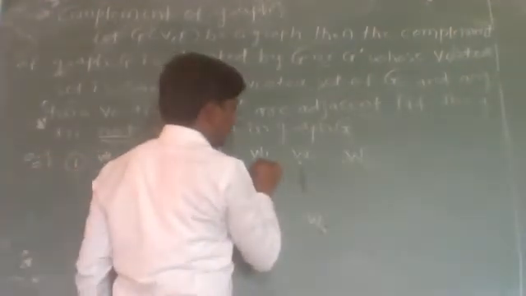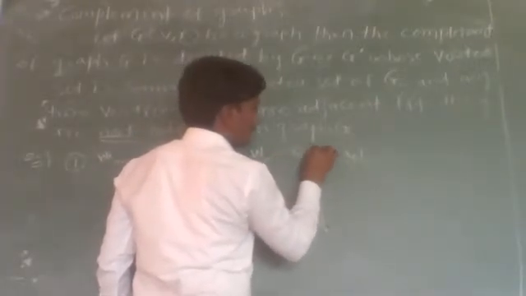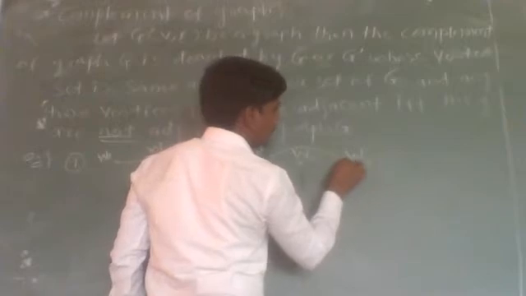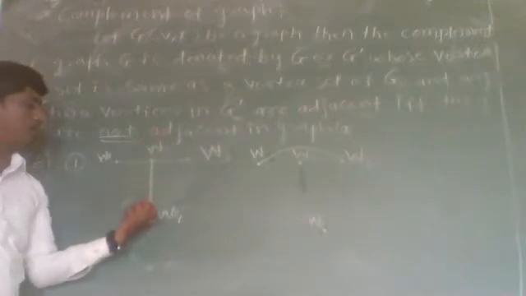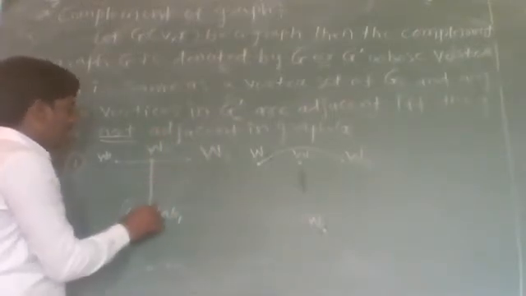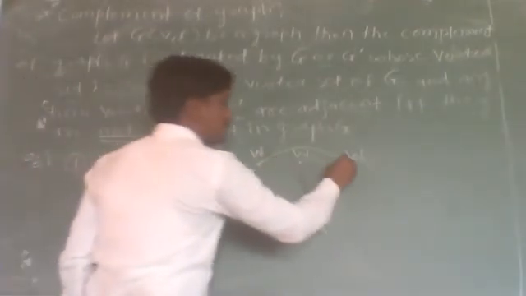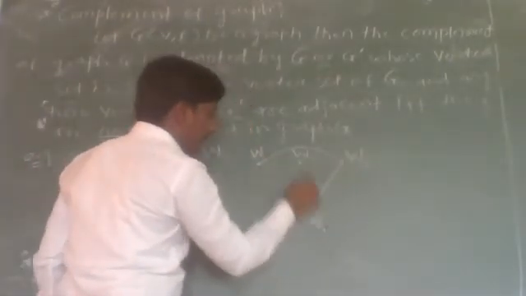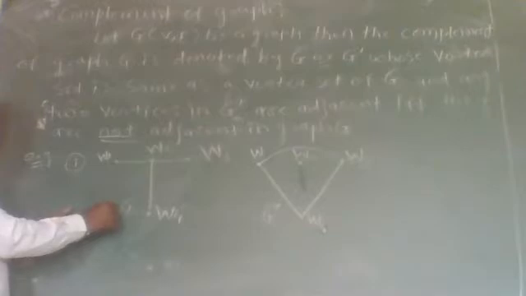The vertices W2 and W4 are again adjacent, but vertices W3 and W4 and W1 and W4 are not adjacent. Then we have to make them adjacent in graph G dash. So this one is the graph G dash, which is the complement of graph G.